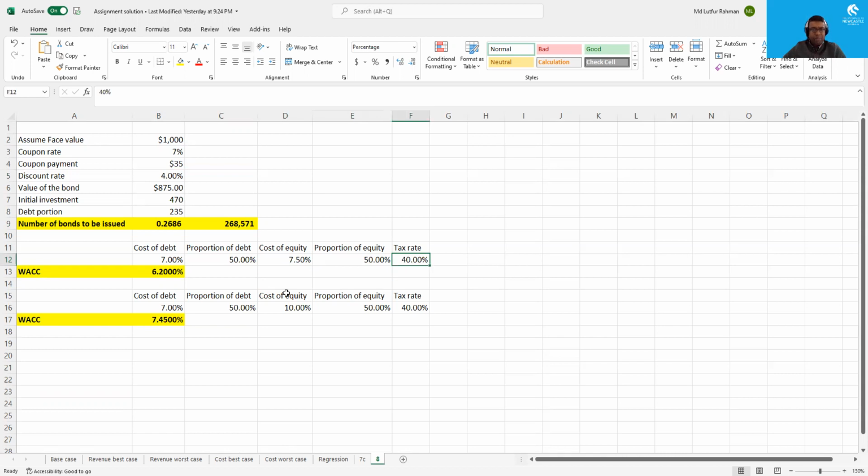I think it is 30%, so it's all right. And then you calculate weighted average cost of capital. Okay, so I mostly looked at the approach that you have followed, and I provided you marks if the approach was all right.